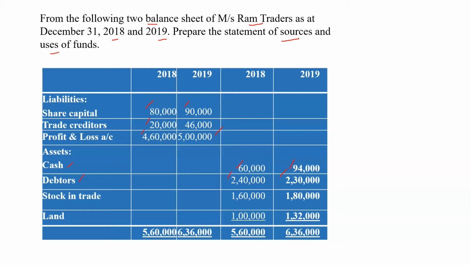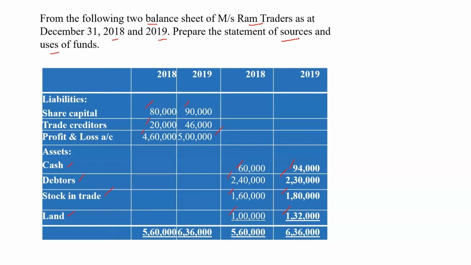And your investment on stock has increased from 1,60,000 to 1,80,000. A net increase of 20,000. And in case of land, it looks like there is an additional purchase of land, because of which your investment on land has gone up from 1 lakh to 1,32,000.